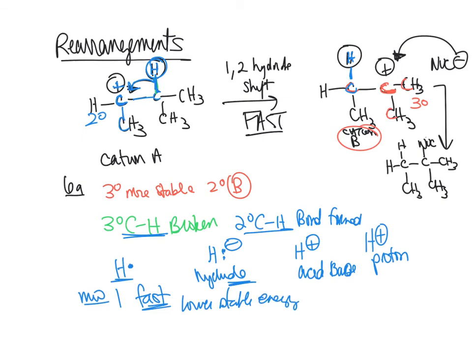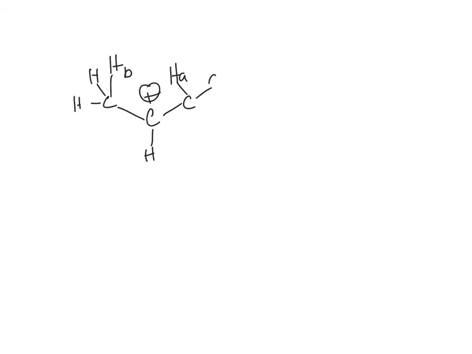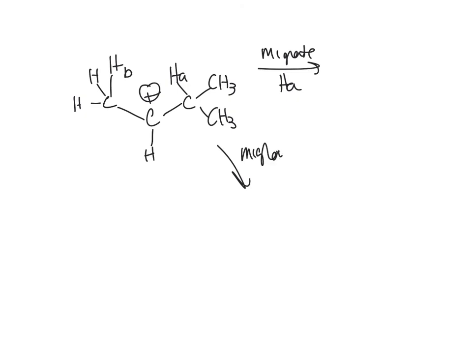Draw the carbocations formed from migration of HA and migration of HB. This is something I would have you do on the board. So let's do this. All right, so if we migrate HA, here's HA.